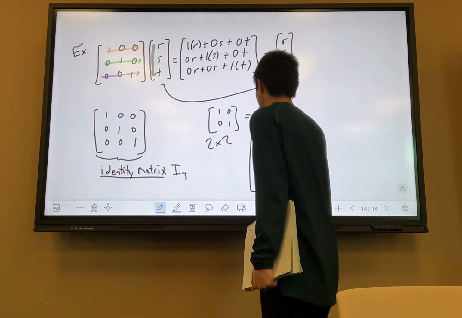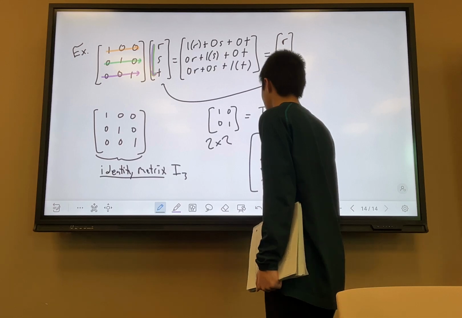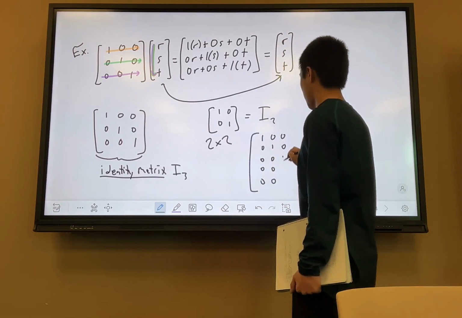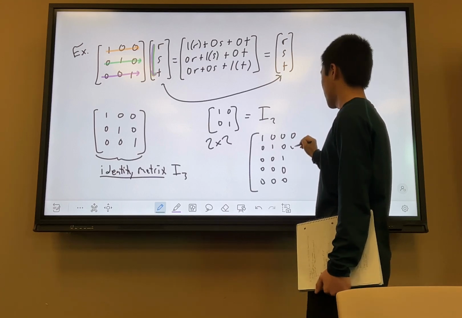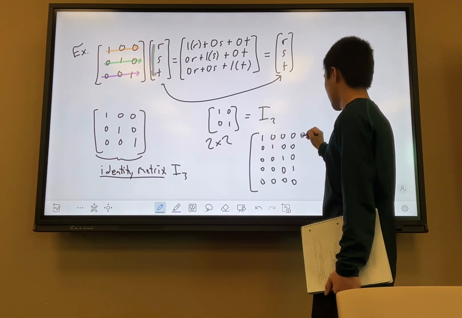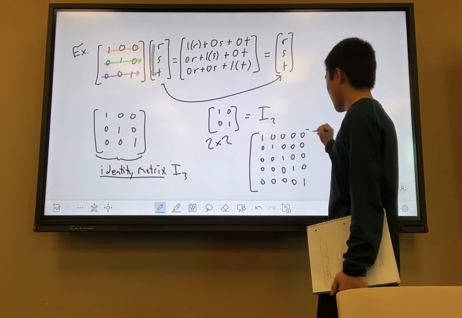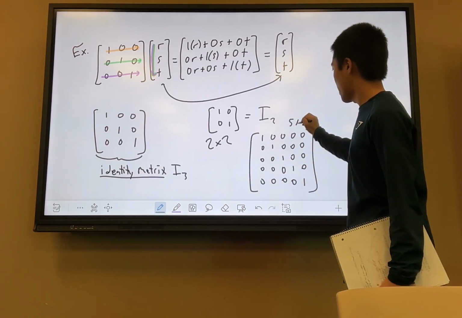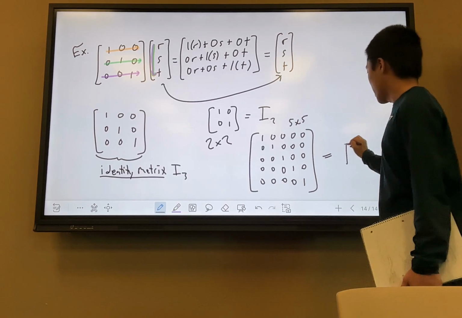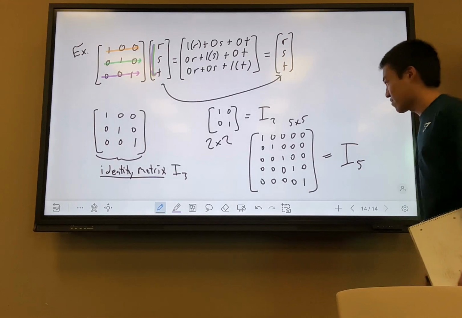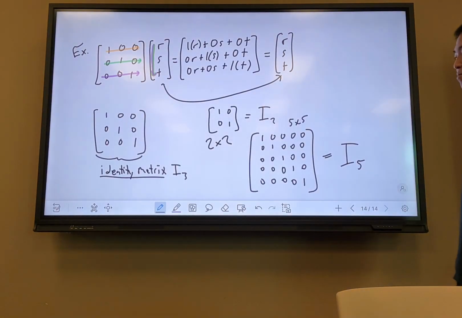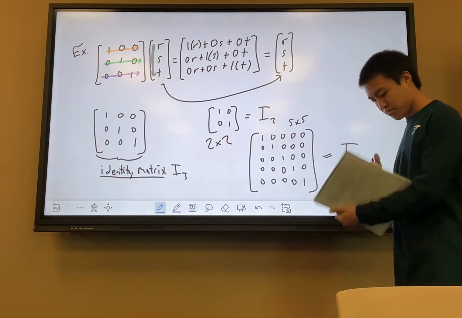If I had 1, 0, 0, 0, 0, 0, 1, 0, 0, 0, 0, 0, 1, 0, 0, 0, 0, 0, 1, 0, 0, 0, 0, 0, 1, I'd say, okay, this is a 5 by 5 matrix. So this is the identity matrix I5, etc., etc. Okay, so there's that language, identity matrices.